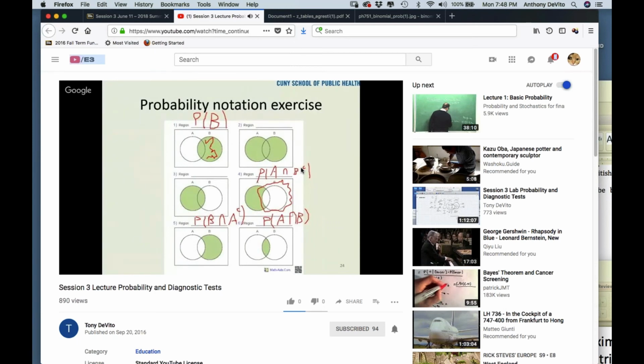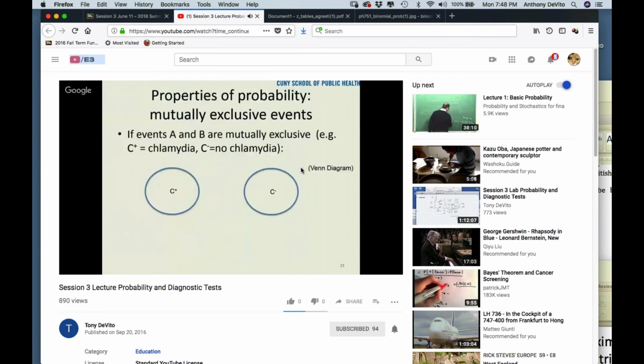These people in the middle are on both, and that's the intersection.